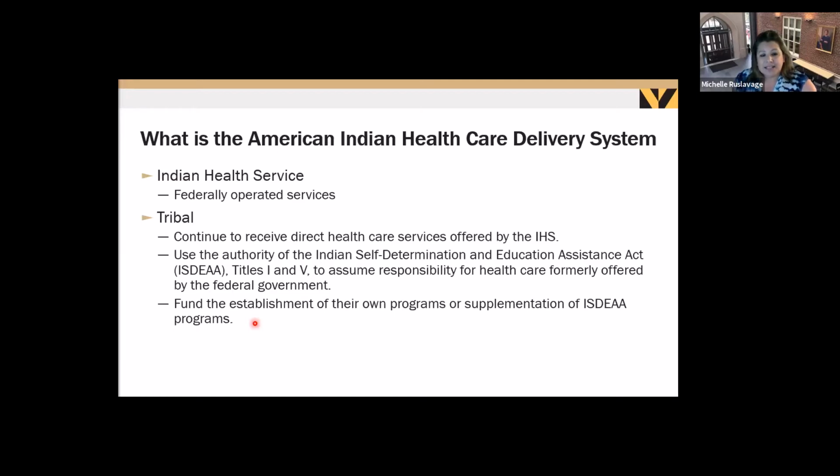And then the third system for Indian healthcare delivery system is the urban programs. And the urban programs, like the name says, are available throughout different cities throughout the country, Boston, Baltimore, Chicago, just to name a few. But those Indians that live in the urban city have healthcare services that are provided to them either through the facility or they can be referred out.